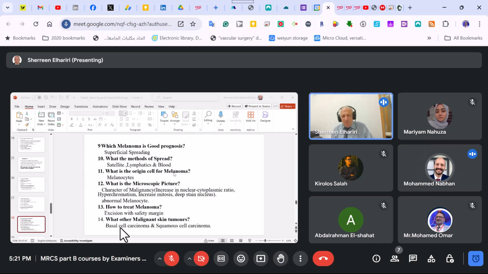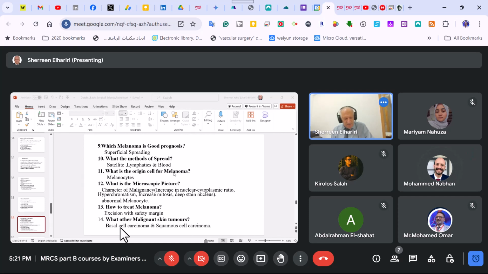A common question, because any malignant cell under the microscope is the same. What is the character of malignancy? Pleomorphism. Yes. Increased nuclear cytoplasmic ratio, increased mitotic figures, polymorphism. At the end, it is an abnormal melanocyte.